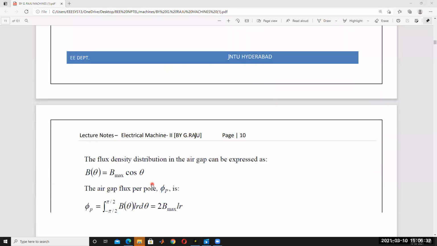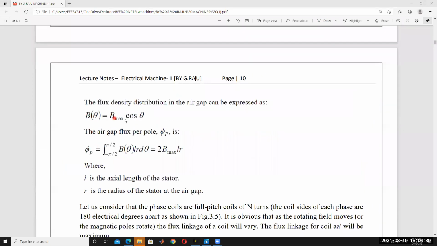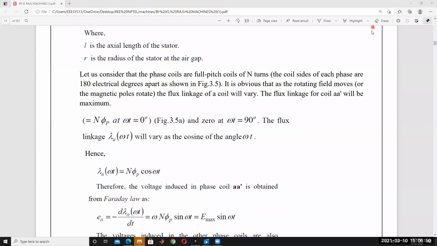The magnetic flux is changing like this. So B of theta is equal to B maximum cos theta. The air gap flux per pole is pi p. It is changing like this. So tomorrow we will discuss the rotating magnetic field.